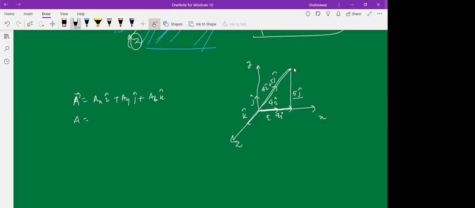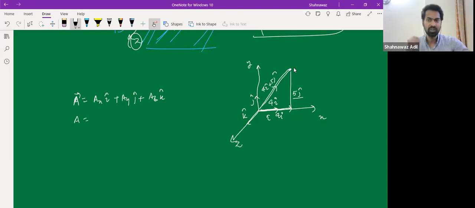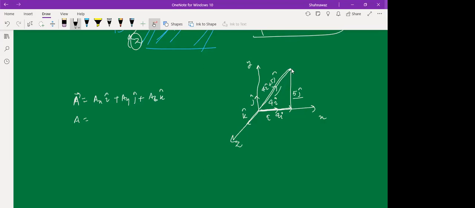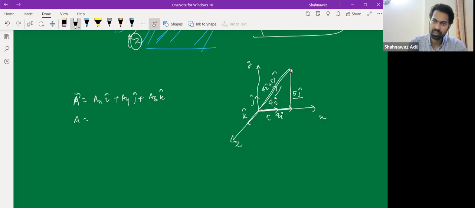Coming out of the screen, right? Yes, coming out of the screen. So let's say I move 2 units in k direction. So this is 2k, right? So this vector would be then 4i plus 5j plus 2k.